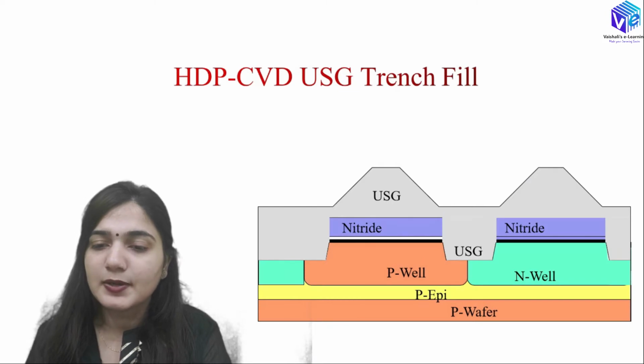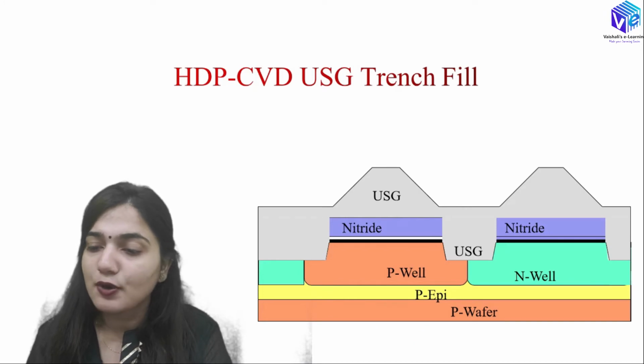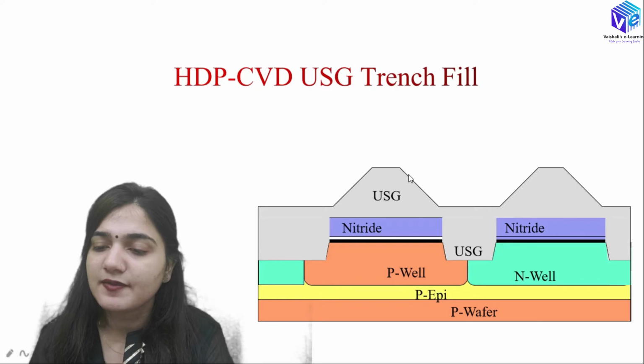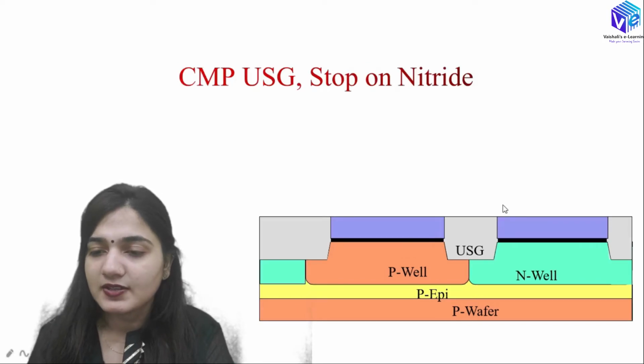After that we can fill it with the high density plasma chemical vapor deposition of the USG to fill out these trenches. And because here we had the trench, here the height would be this. Here we didn't have the trench, so the height of the CVD of the USG layer would be more. So here we will be getting a rough surface.